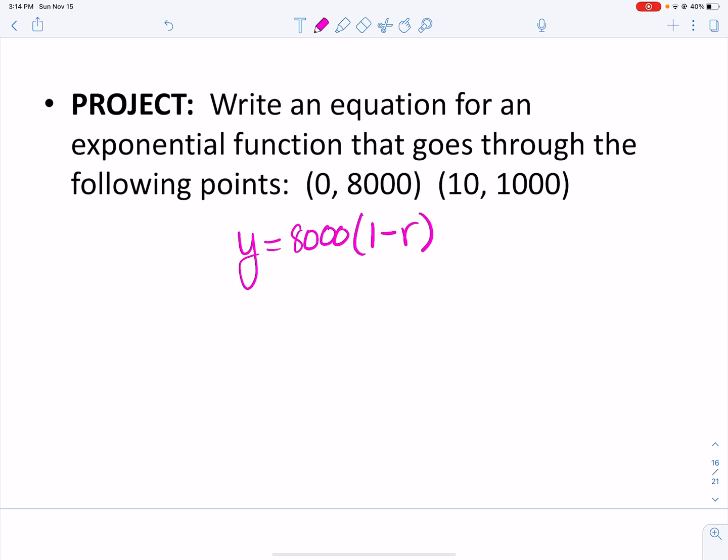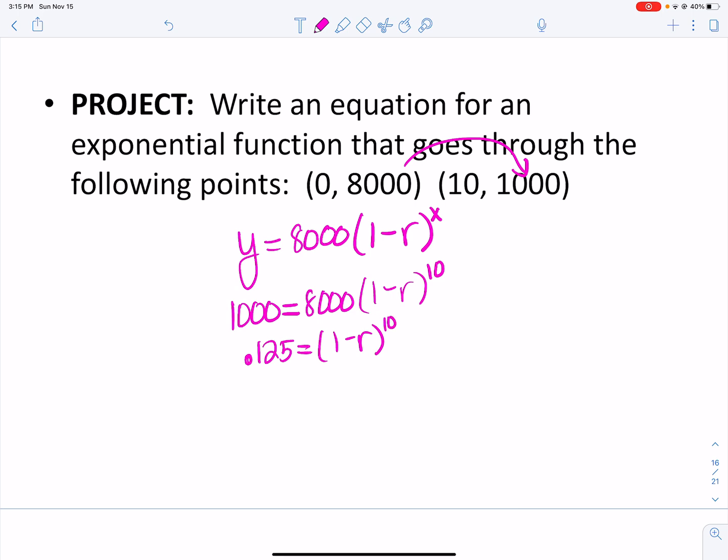I know this is a 1 minus r to the x because I'm decaying. Okay, so if I plug in what I know, 1,000 equals 8,000 times 1 minus r to the 10th. So I'm going to take 1,000 divided by 8,000, and I get 0.125 equals 1 minus r to the 10th.